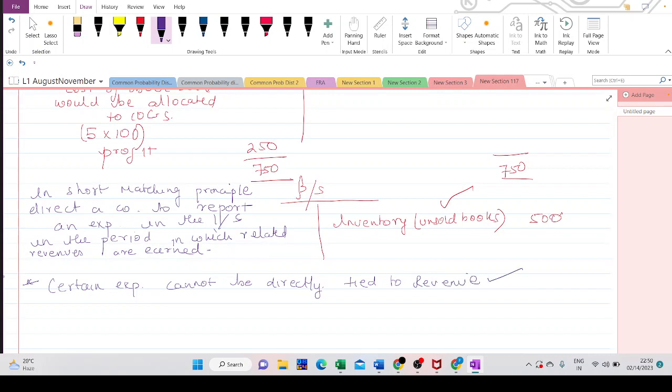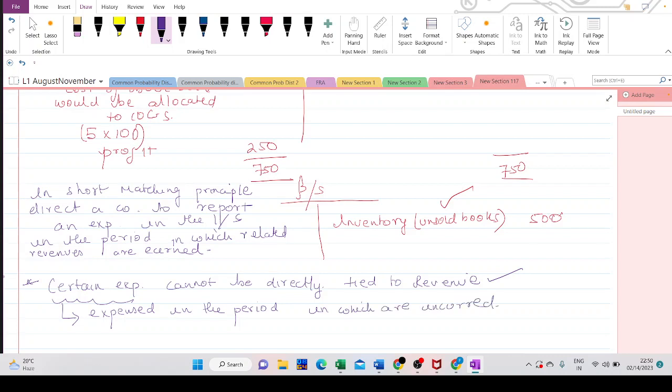So basically, some costs are not related to the production of inventory, right? They cannot be directly tied to revenues. So such costs are expensed in the period in which they are incurred.